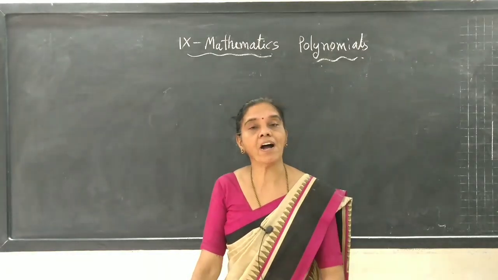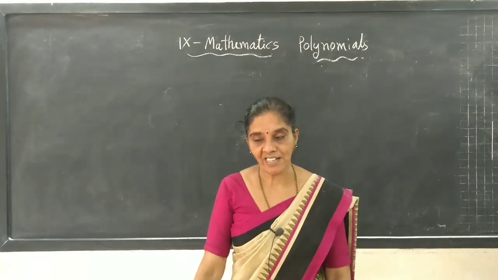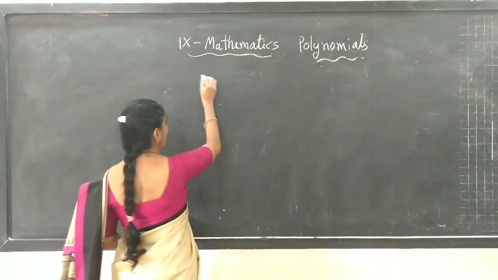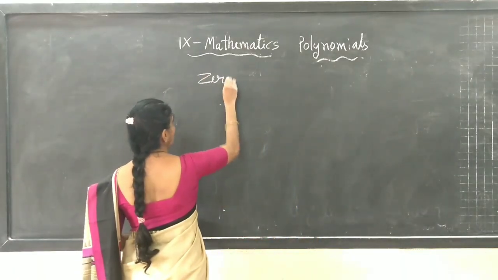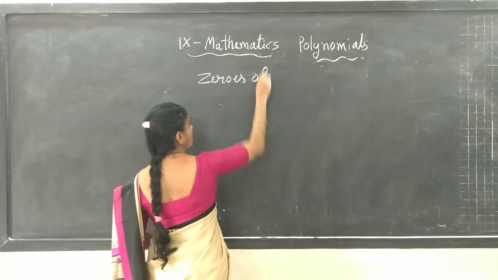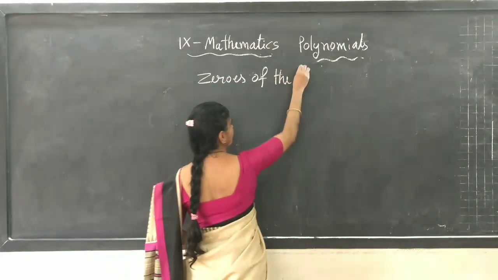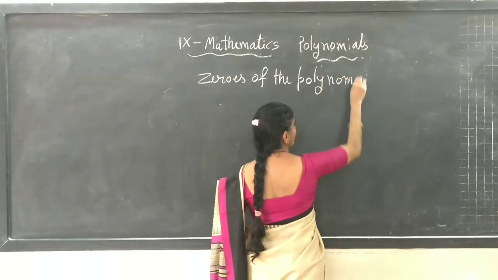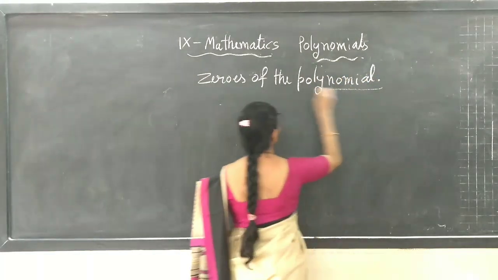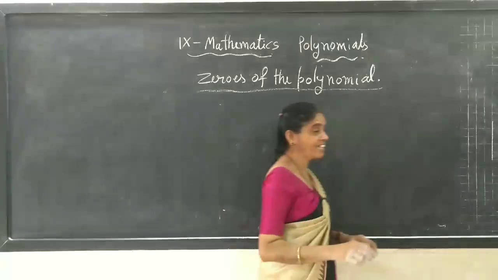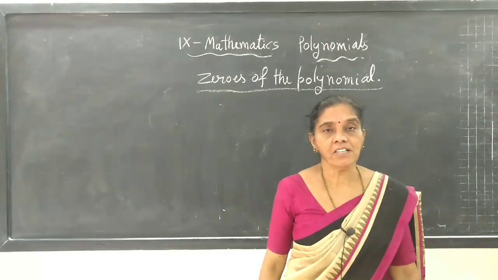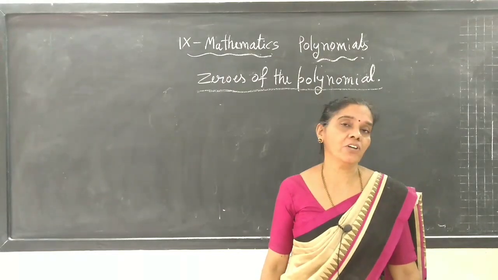The next part we are going to learn is zeros of the polynomial. Before learning the meaning of zeros of a polynomial, we will learn the value of the polynomial.